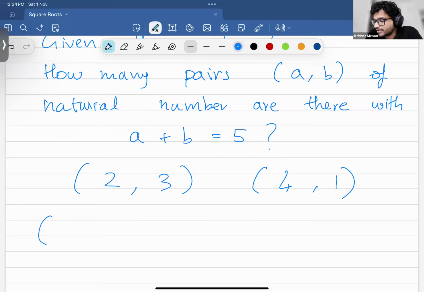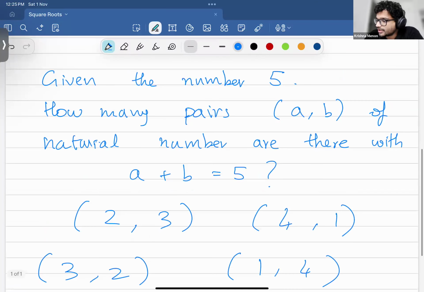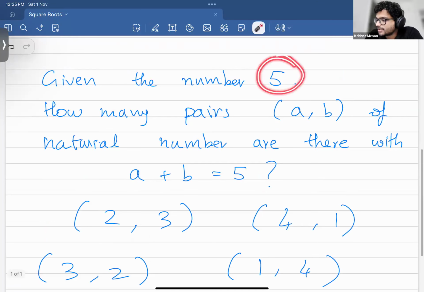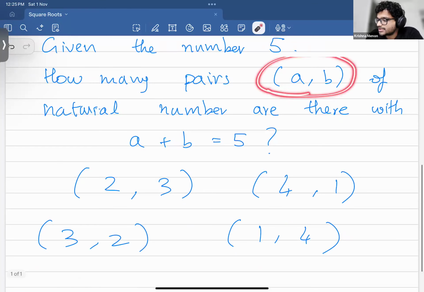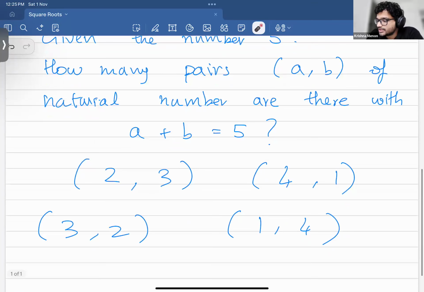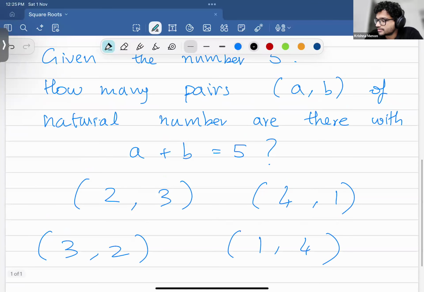I could also do 3 comma 2, just the reverse of that, which of course will also have sum 5, and 1 comma 4. Okay. So these are the objects. For this particular number 5, the number of pairs of natural numbers with sum 5 is exactly these 4. And so for this question, the answer is 4.